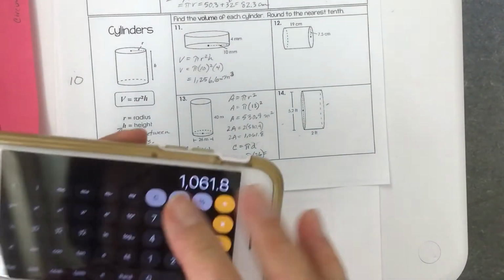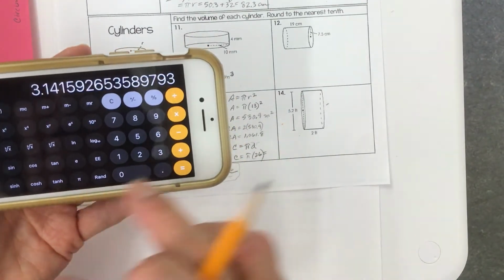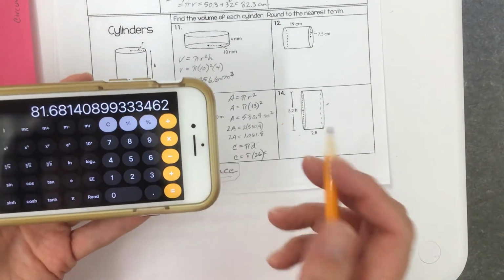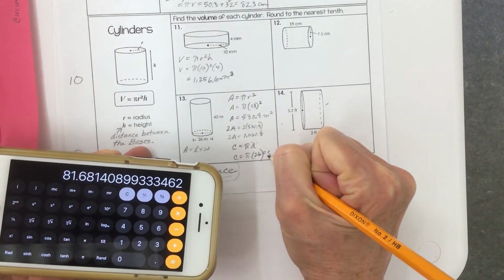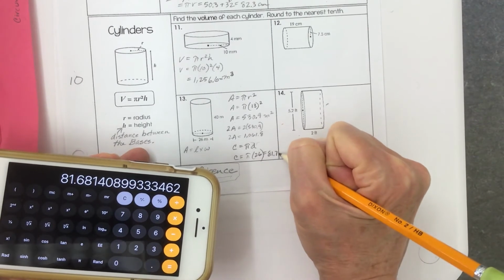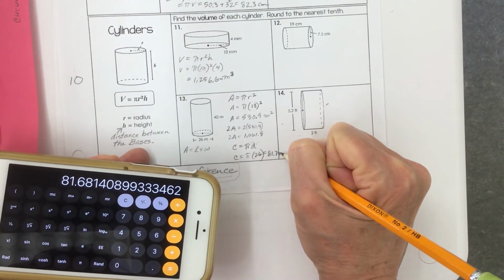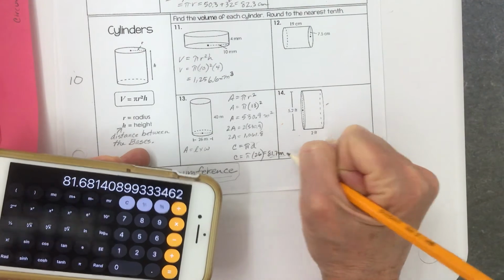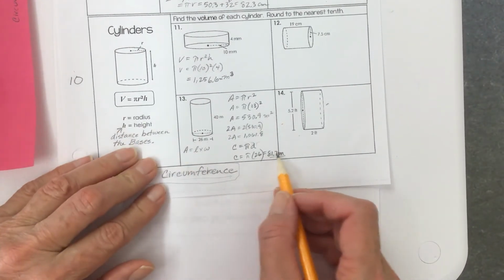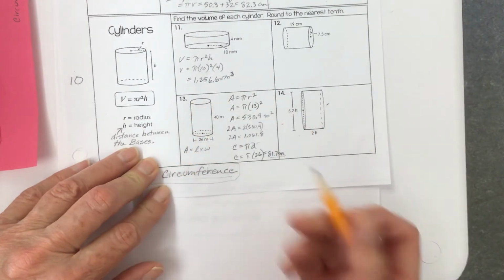Let's go ahead and compute that. Pi times 26 is equal to 81.7. This is just meters, because this is a one-dimensional measure. This is the distance around the circle.